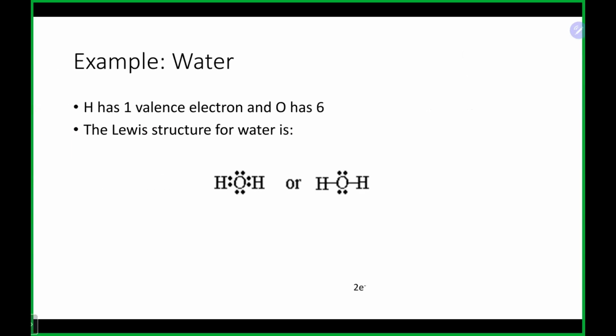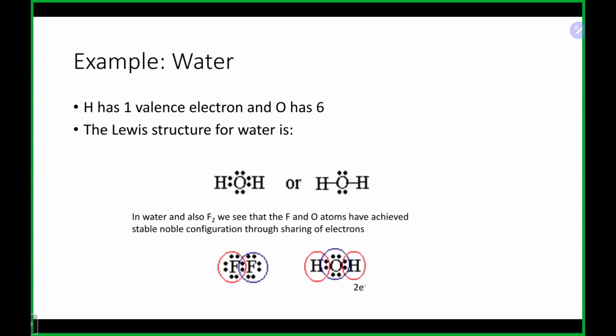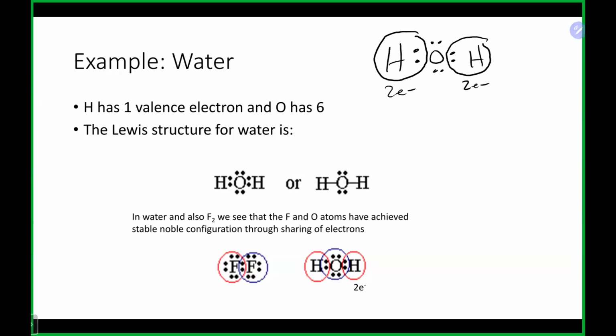If we take a look at the Lewis structure for water, we see a similar thing developing. Once again, just like in our fluorine, we take a peek at our water. And if you use dots for everything here, you'll end up with a structure that looks like this. So our hydrogen on the left here will end up with 2 electrons through sharing. Our hydrogen on the right there will also end up with 2 electrons through sharing.